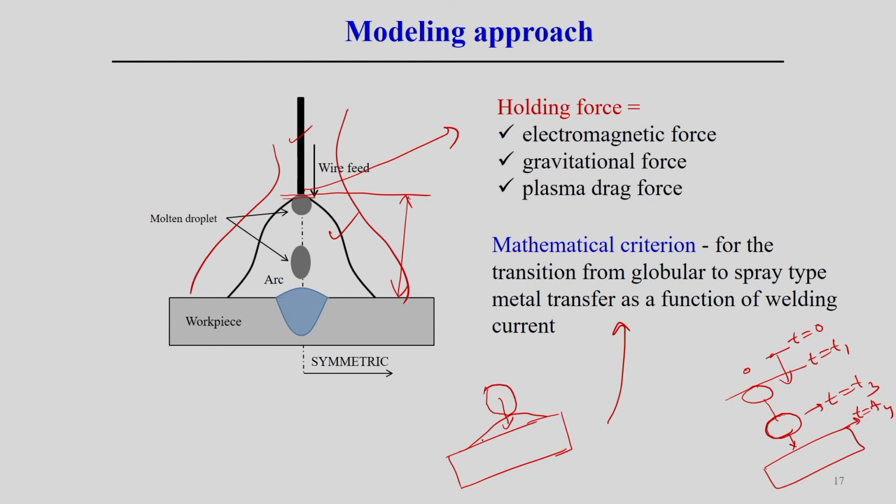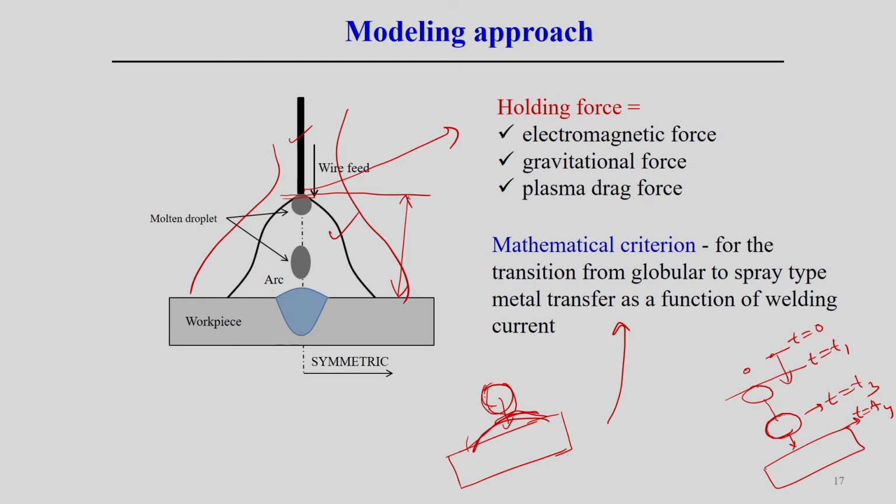When the droplet is interacting with the workpiece material, the free surface profile that will be generated in this interaction is influenced by the arc pressure, and at the same time by the shielding gas pressure and the flow field of the shielding gas.